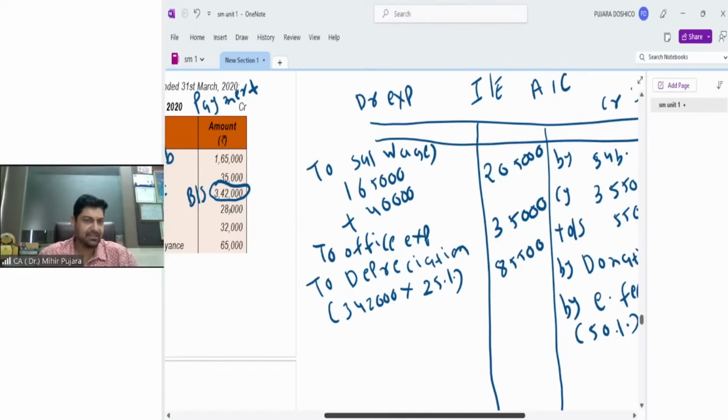And the last three expenses 28, 32, and 65, no adjustment. So this is no adjustments.